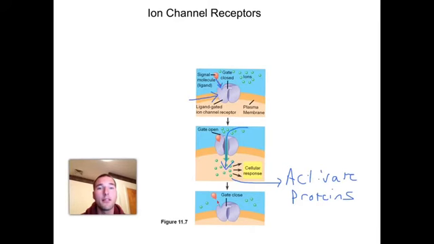So in the next video, now that we've received these signals and somehow gotten them to the inside of the cell, the next step is getting them to the right place in the cell so that things can happen. In some cases, we have to take these signals and amplify them, or make them a larger amount of signal. Anyway, we'll get into that in the next video.